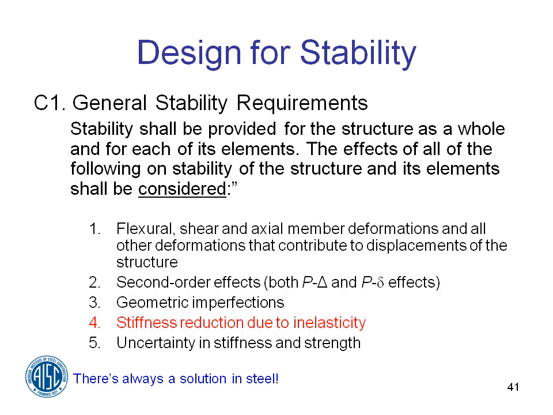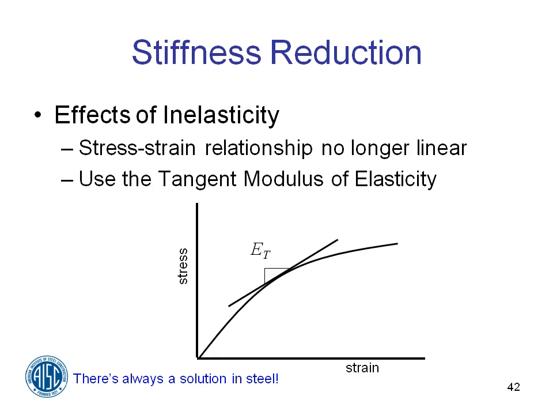Then the stiffness reduction due to inelasticity. That primary inelasticity comes from the residual stresses in the member, and the fact that as you load it, it really does not behave in the typical stress-strain relationship where it remains linear between stress and strain all the way up to yield.